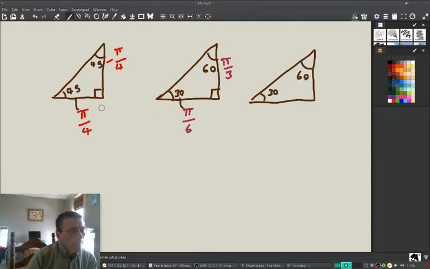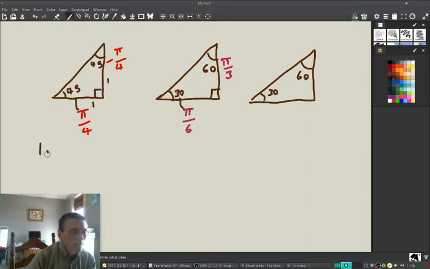Alright, so using your Pythagorean theorem, you can quickly get sine, cosine, and tangent here. You know that a squared plus b squared equals c squared. So if these are the same length, we'll just set them equal to 1, because our triangle's the same whatever proportion length we have here.